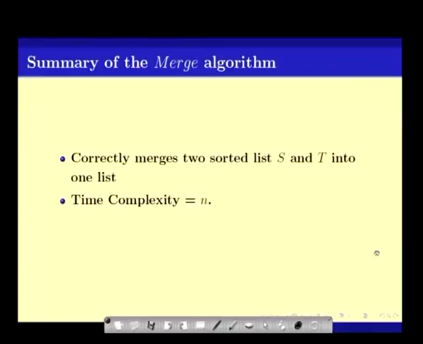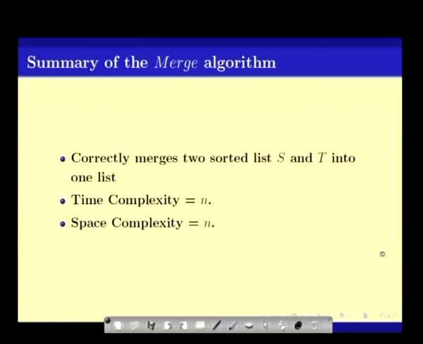For the time complexity, note that I have these sets L and R, where L plus R is n, and we move the left pointer from the first element of L to the last element, and similarly for the right marker. So, both the markers in total have travelled n distance, and thus the time complexity will be n.